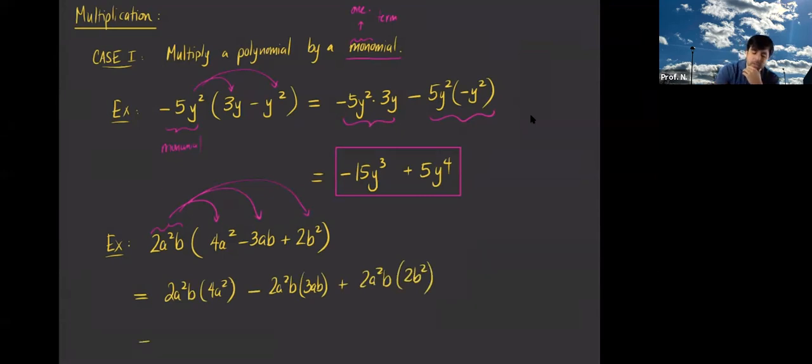And then when I take each of these terms, 2 times 4 is 8. A squared times a squared is a to the 4th, b. Minus 2 times 3 is negative 6. A squared times a is a cubed. B times b is b squared. Plus 2 times 2 is 4. A squared times nothing is just a squared. B times b squared is b cubed.